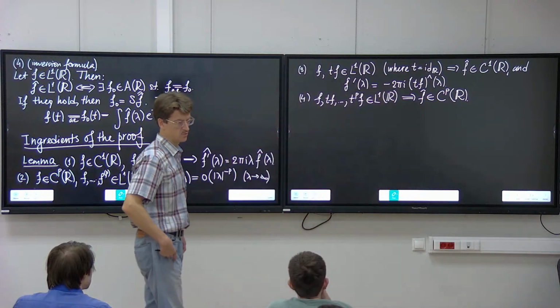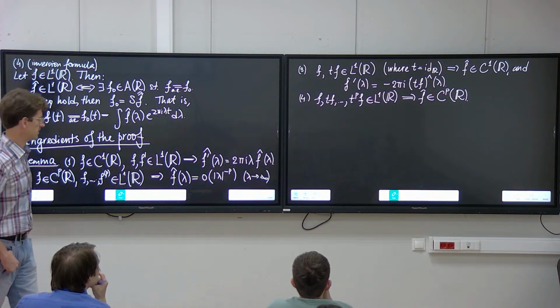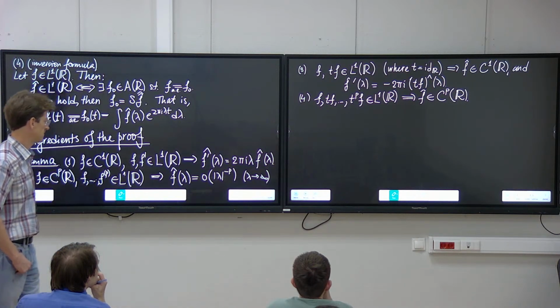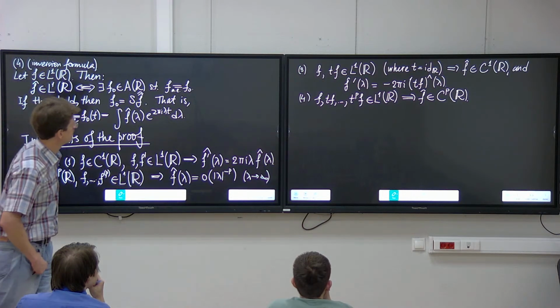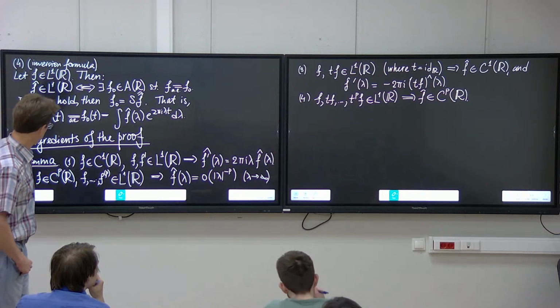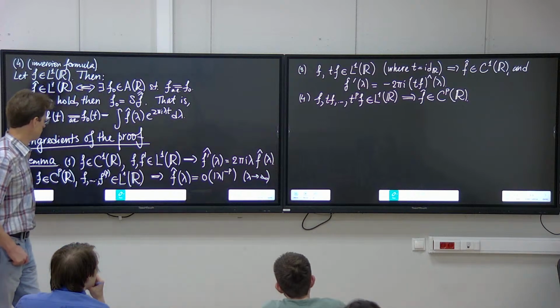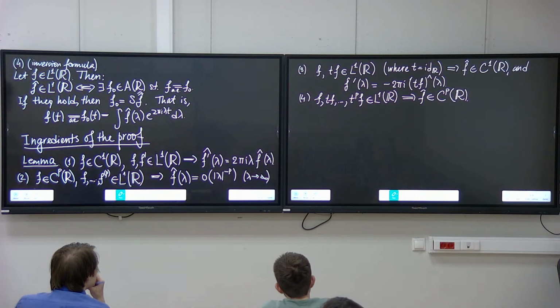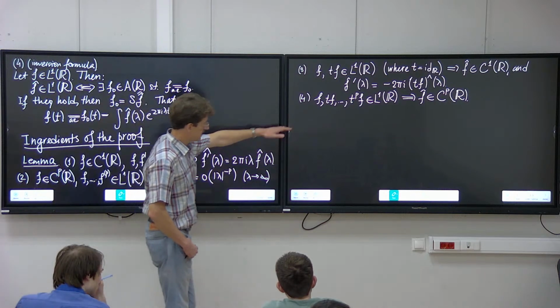All these results are proved, well, actually 1 and 3 are proved by straightforward calculations and by some properties of the integral. 2 follows from 1 and 4 follows from 3. So roughly properties 2 and 4 mean that the smoother the function f is, the faster f hat decays at infinity. Yeah, the other way around.